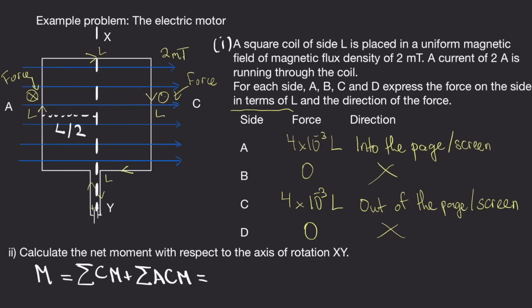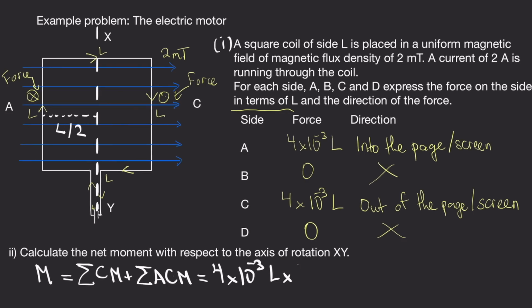The magnitude of this force was 4 times 10 to the power of minus 3 L, multiplied by its distance to the axis, which is just L over 2, plus the magnitude of the other force, which is exactly the same, 4 times 10 to the power of minus 3 L multiplied by its distance to the axis of rotation, which is also L over 2.